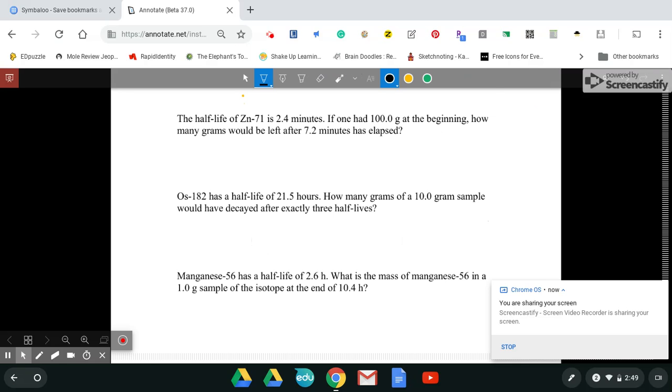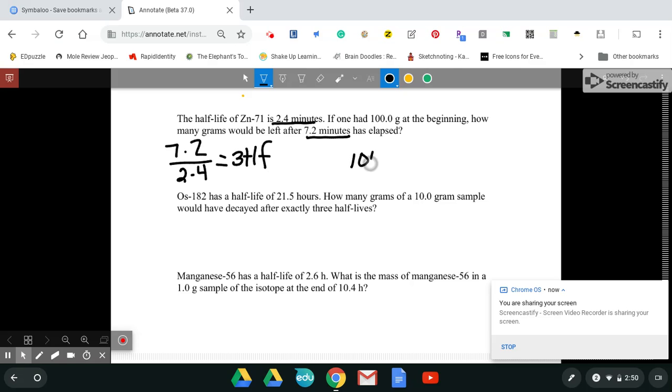If one had 100 grams at the beginning, how many grams would be left at 7.2 minutes? So here again, this is the half-life. This is how much time has already taken place. So divide it. And that lets you know how many times you've got to divide. So 7.2 divided by 2.4, I need to divide this thing in half 3 times.